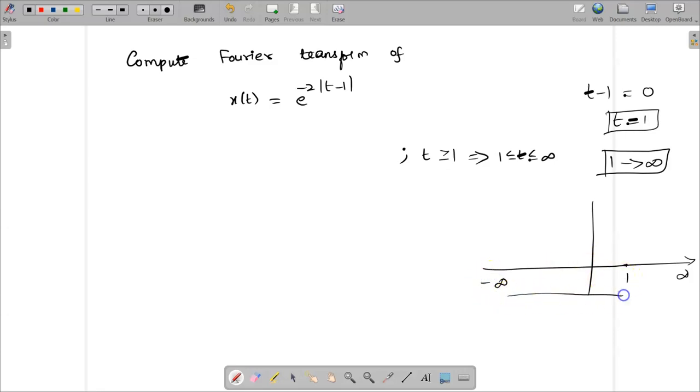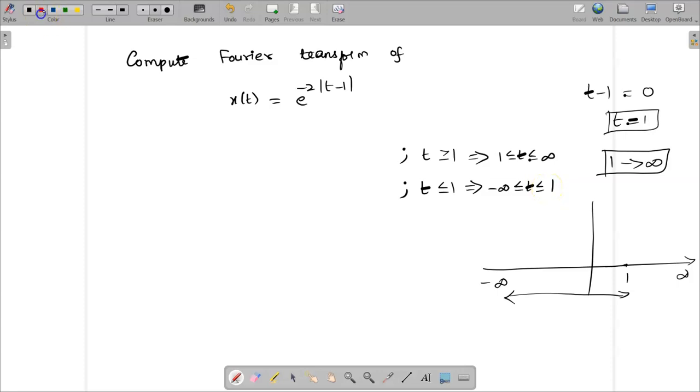So this is the other range, t less than or equal to 1, meaning that we have to take t from minus infinite to 1. Like this we have to split the integration into two limits, one is 1 to infinite, another one is minus infinite to 1. That is the first step we have to identify.